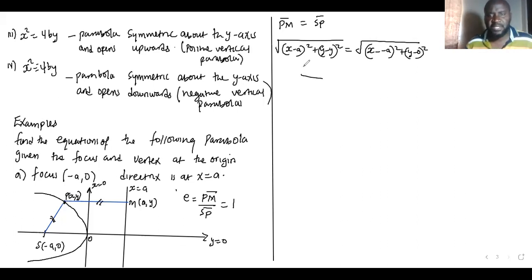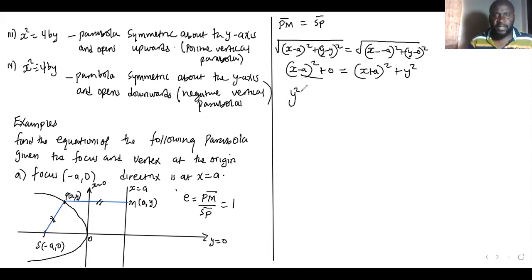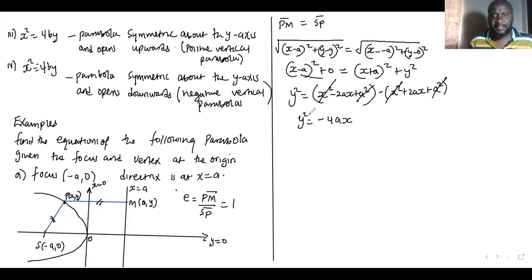When you square both sides, we shall have (x minus A) squared plus 0 is equal to (x plus A) squared plus y squared. Thus, y squared will give me x squared minus 2Ax plus A squared minus x squared plus 2Ax plus A squared. When you cancel by subtraction, you will have y squared is equal to a negative 4Ax. That is how we can realize our negative parabola.